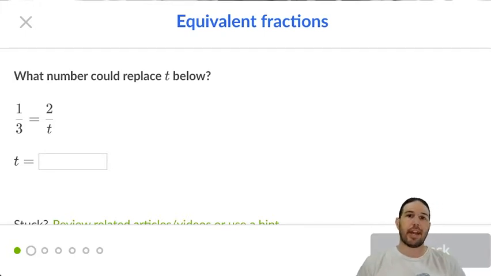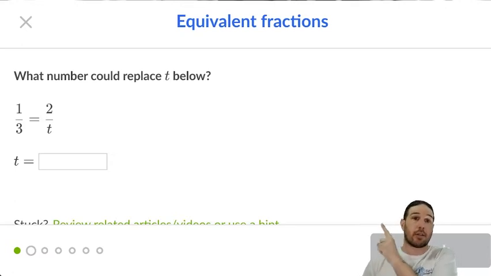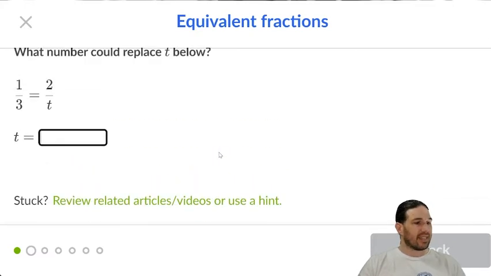And again, that should make sense from an intuitive perspective as well. If we are doubling how many pieces there are, then each piece must necessarily be exactly half of the size. 1/3 is 2 out of 6.